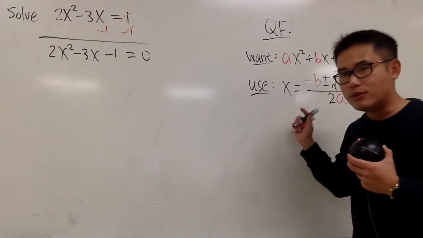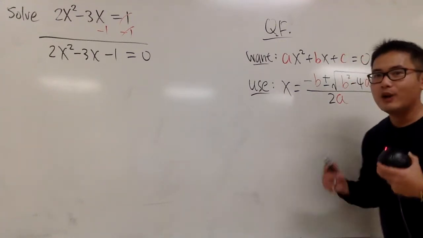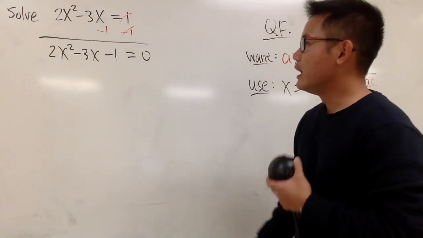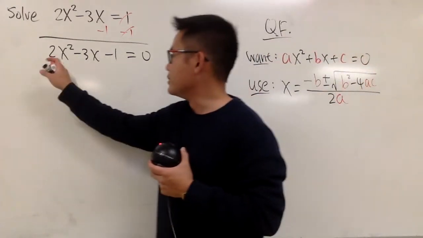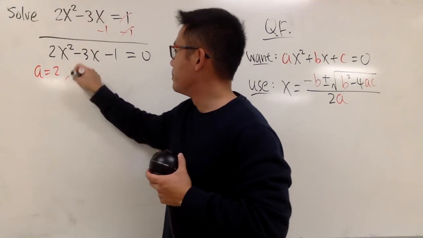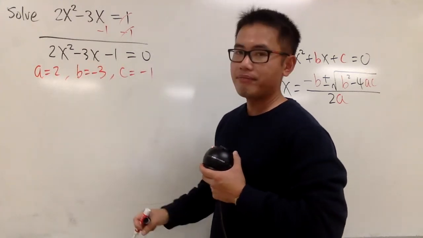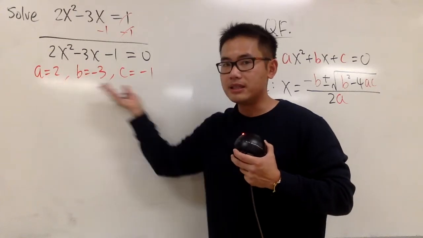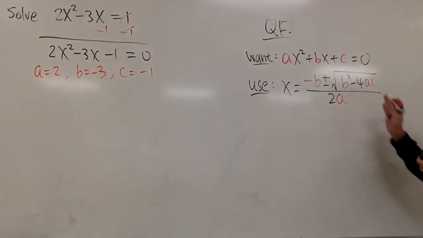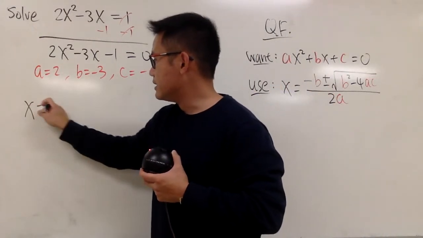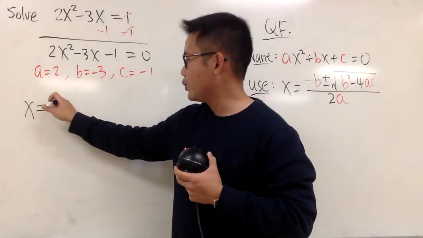And in order for us to use this formula, we have to remember the formula really, really well, okay? Anyway, now we can just say, you see, a is 2, b is negative 3, and c is equal to negative 1. We can just plug in these values into this right here accordingly, and then we can work this out.